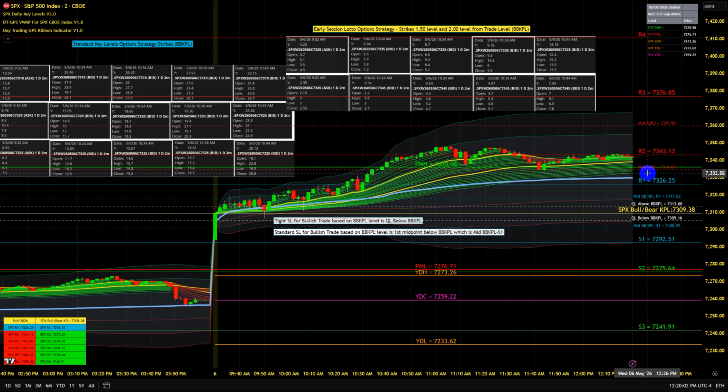So what does that mean, moving your stop to break even? Well, what it does not mean is moving your stop to the entry that the SPX entry was executed at. Nor does it mean moving your stop to the bull bear key price level, the level that the trade was based on.